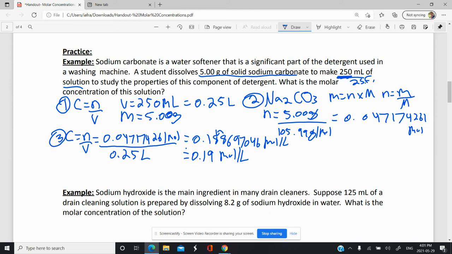We would weigh out, let's draw this out. Let's do a quick sketch to show you what that would look like. So you'd have a balance, and on that balance, you would weigh out your sodium carbonate, Na2CO3. And so it would be 5.00 grams, for example. And that would be your step 1.